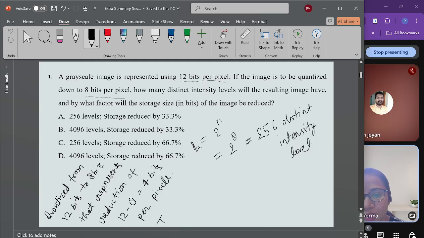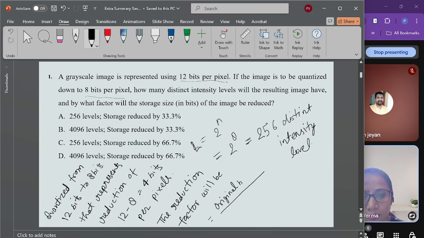So the reduction factor can be calculated as original bits minus new bits, divided by the original bits, and that is in percentage, so multiplied by 100.